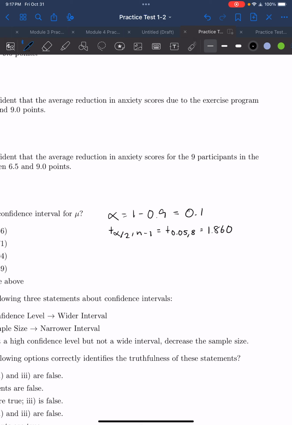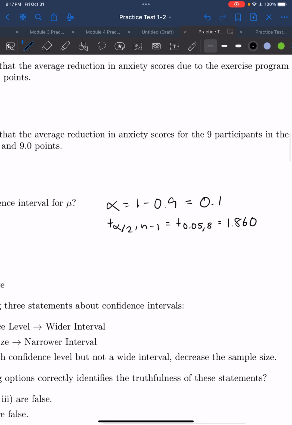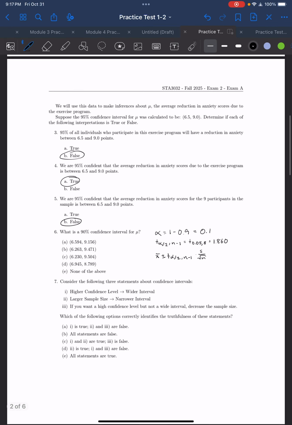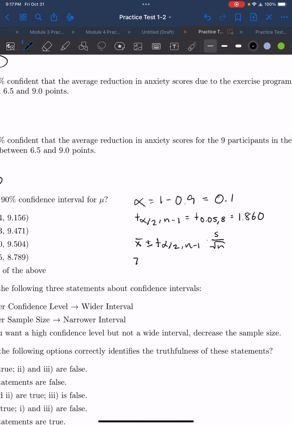And now we can just use our formula. So we have x bar plus or minus our t times our s divided by square root of n. And so we can just plug in our values now. 7.867 is our sample mean.